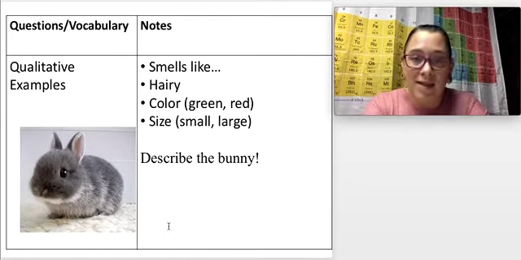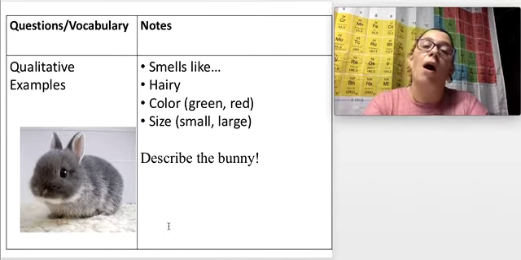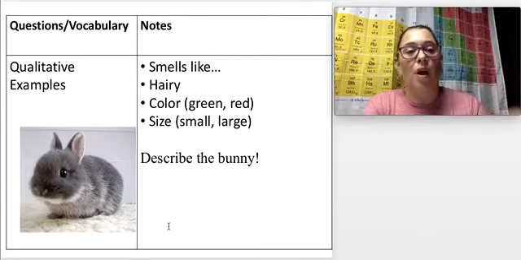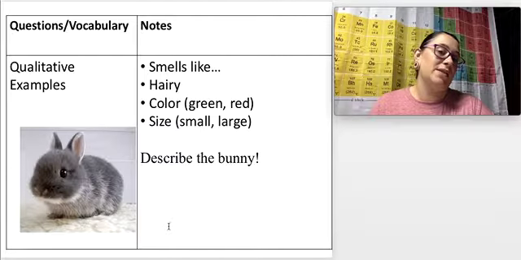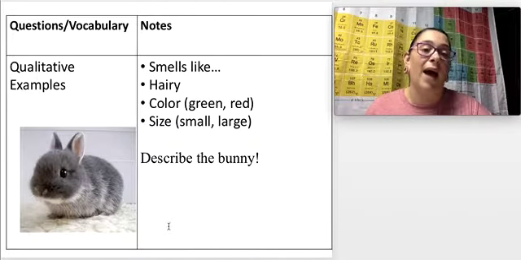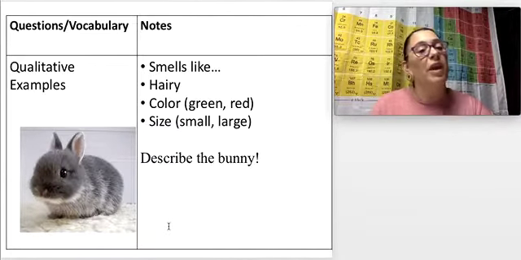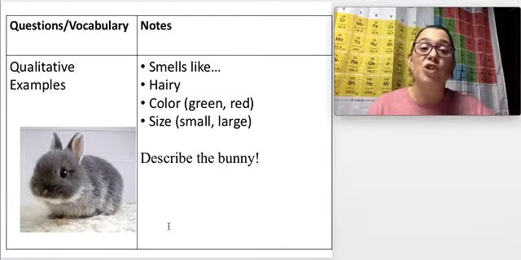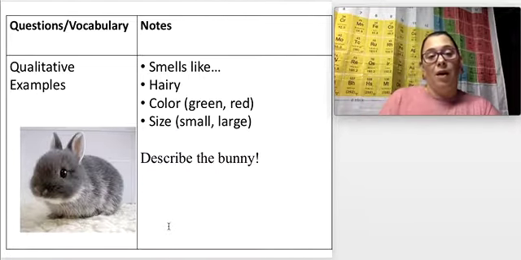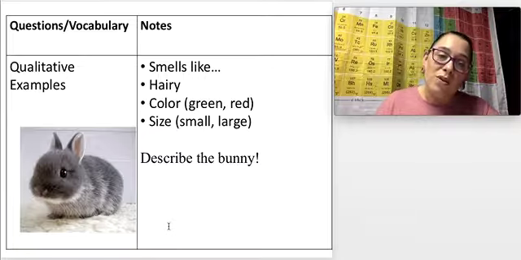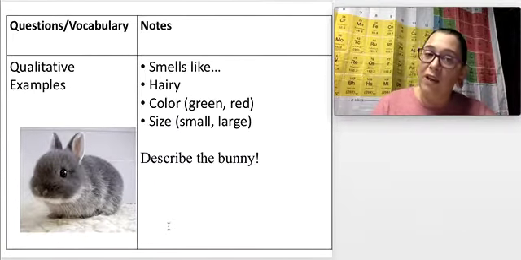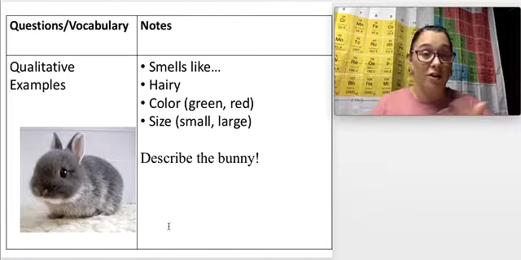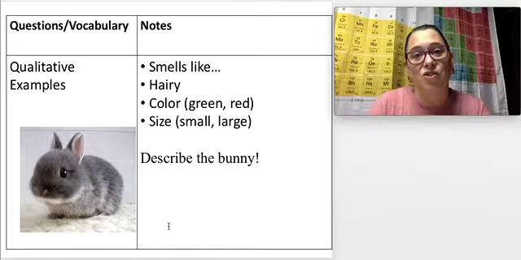Color, size, small, large, anything that you can do to describe that bunny. If I was going to describe the bunny, I would say it's gray, it's got a black eye, it's got pink in his ears. He appears to be very hairy. He has a nose. He is sitting on something white and fluffy. And I could go on and on describing this bunny. I could also look at this picture forever because it's just adorable.